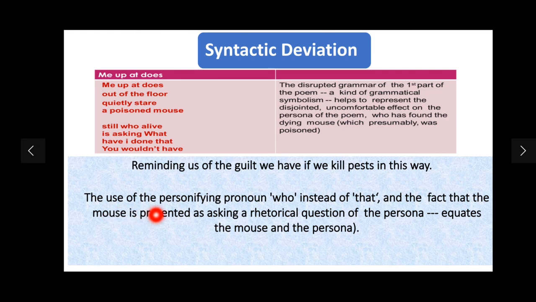The use of the personifying pronoun "who" instead of "that," and the fact that the mouse is presented as asking a rhetorical question of the persona, equates the mouse and the persona.